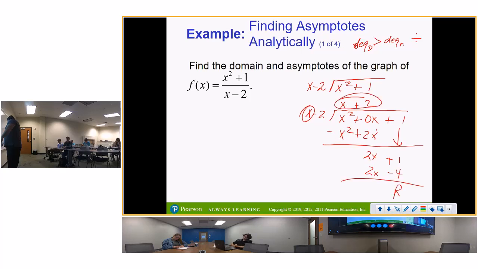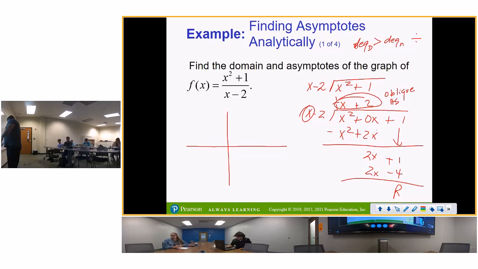This is what we call an oblique asymptote. I don't know if they're telling you that in this slide. This is called an oblique. Why? Because it's going at a 45-degree angle. Because what is your coefficient? 1 over what? 1. So it's going at a 45-degree angle. So in this case, we got a horizontal asymptote.